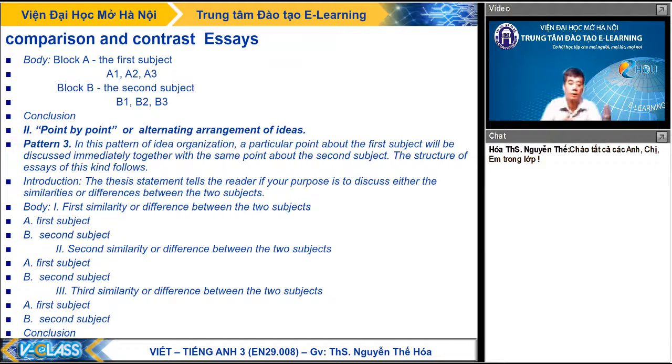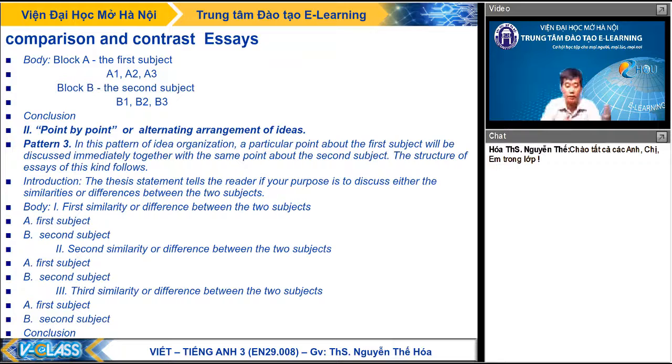And now the second way of writing a comparison and contrast essay is a point by point pattern. It means that you go point by point. You may have several ideas, so you move from this idea to another idea, and you continue to move from one to the next.